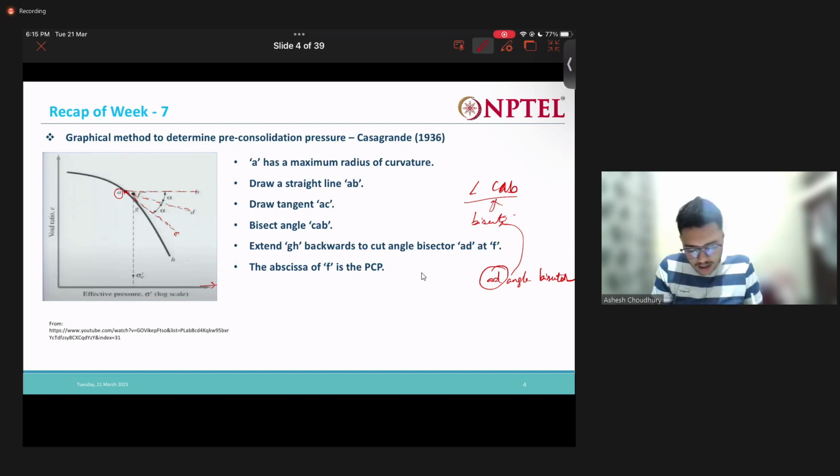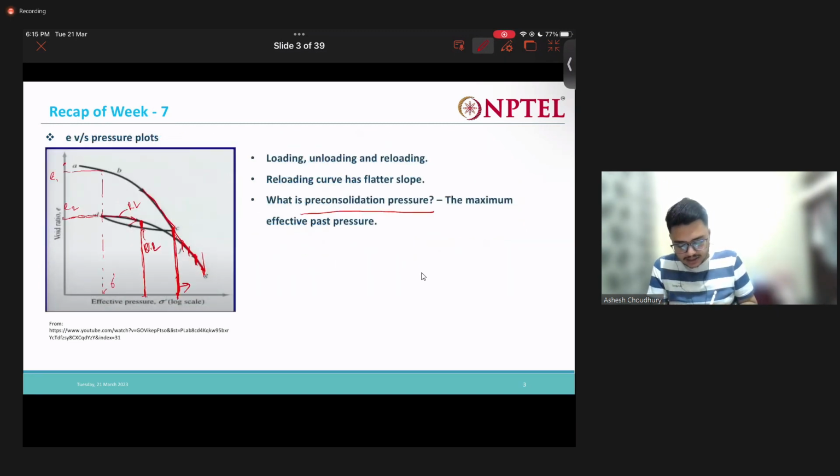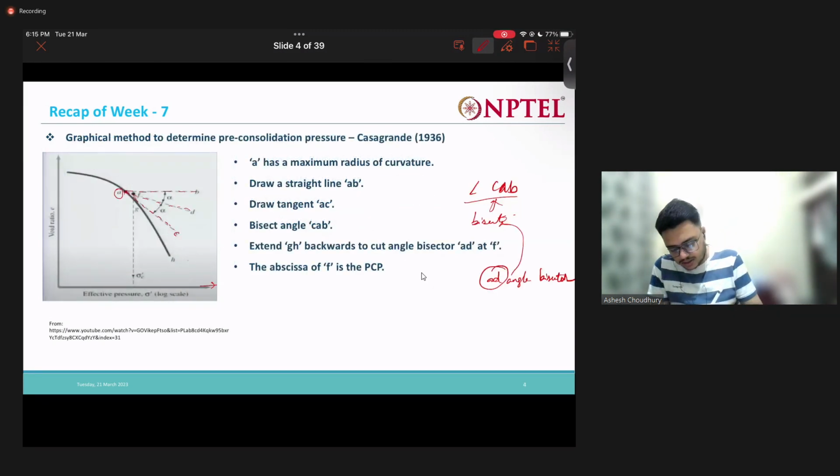Now in this curve, towards the end, it will be almost a straight line in the void ratio versus effective stress plot.